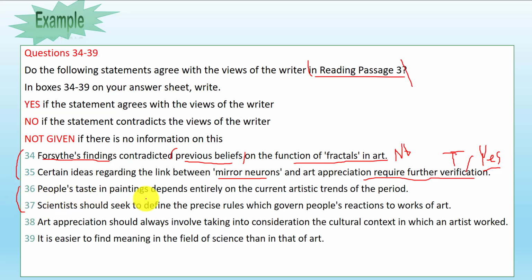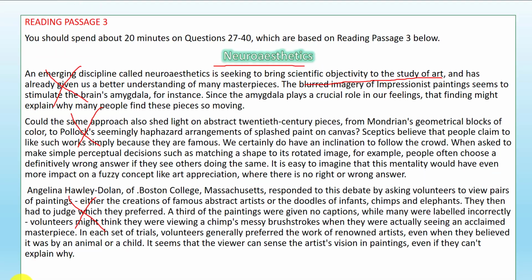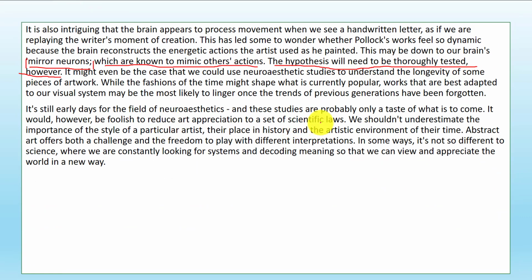People's taste in paintings depends entirely on the current artistic trends of the period. People's taste, that's our keyword. Now, scientists should seek to define the precise rules which govern people's reactions to works of art. Okay, now let's go back to the passage.